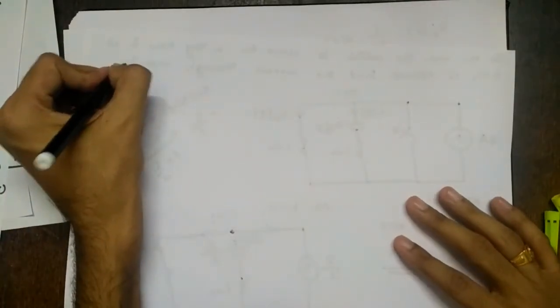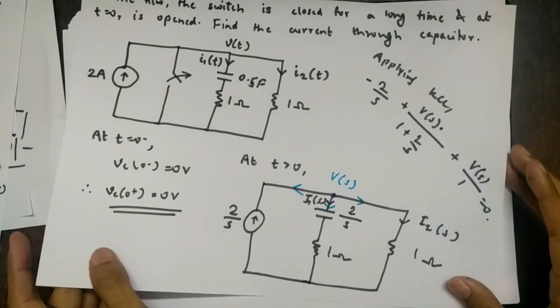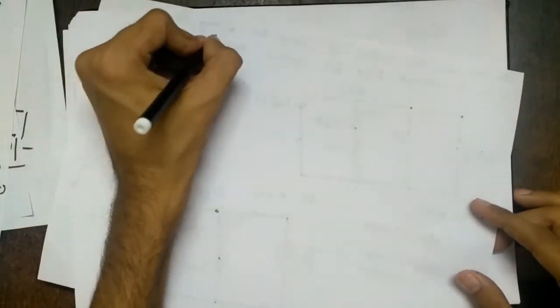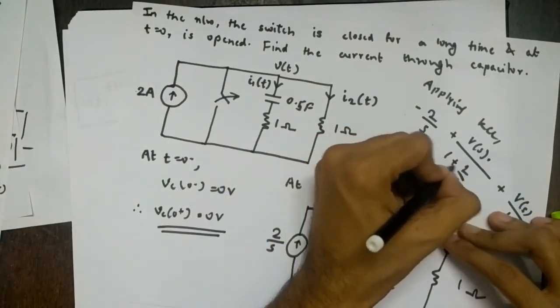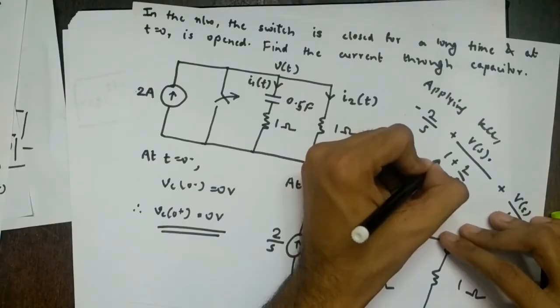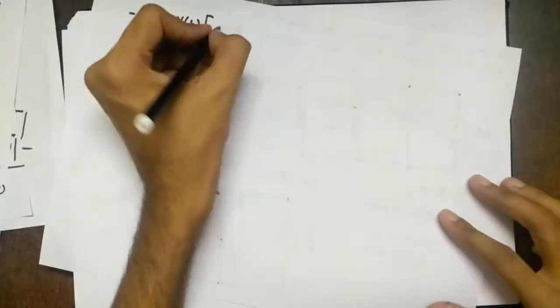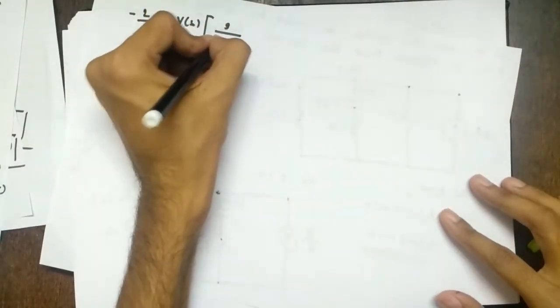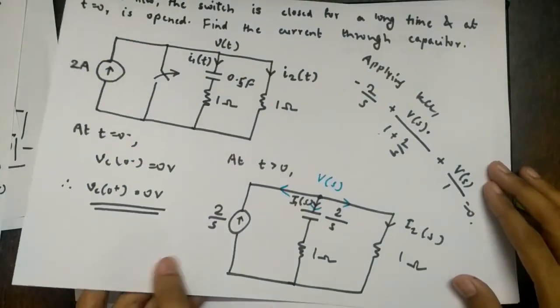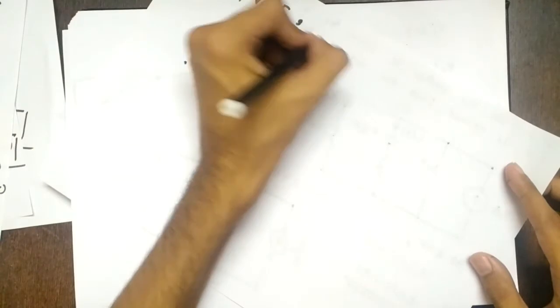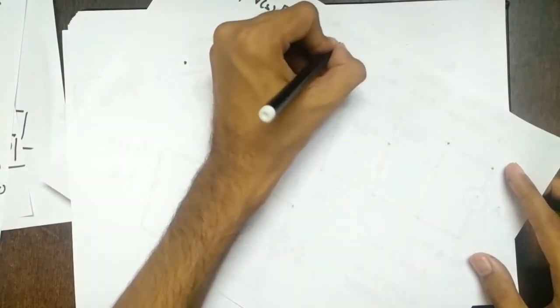So we just need to solve this. I'll write it here. Minus 2 by S plus V of S into, this will be what? S plus 2 upon S. So the inverse will be S upon S plus 2, plus 1.